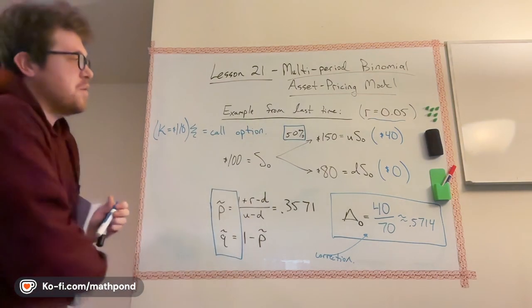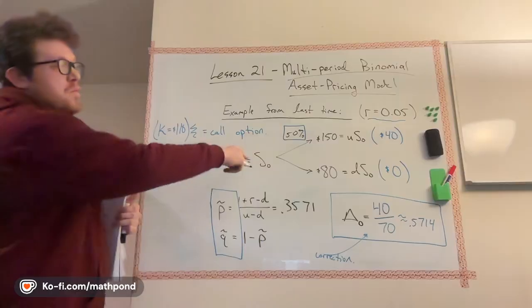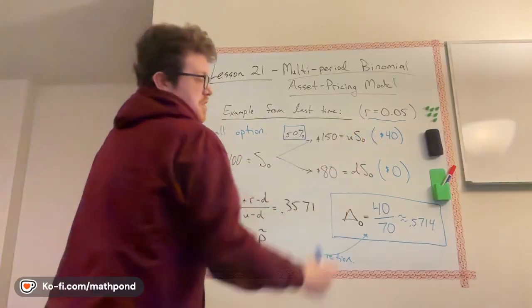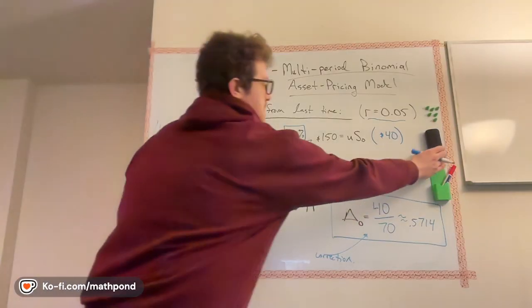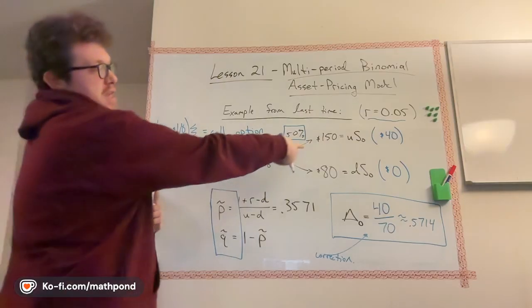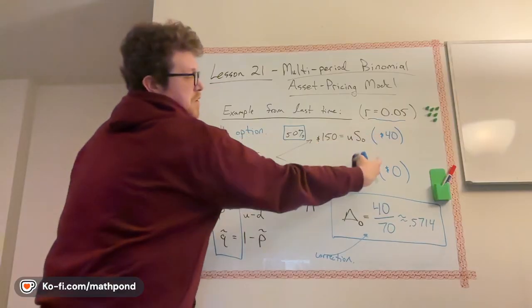If we wanted to draw the other binary tree for the option payoff, I can erase this for now. The stock goes from 100, it can go up to 150 or down to 80, but the option can either go to 40 or 0.